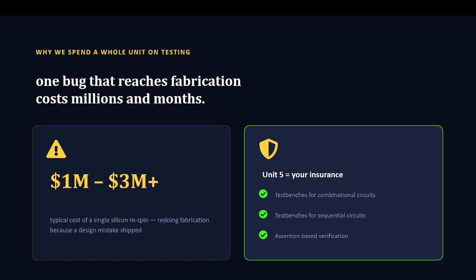It's like realizing your typo after the book already got printed, 1 million copies. You can't just fix a file, the damage is already physical. That's exactly why Unit 5 exists. Test benches, verification, all of it. It's not an afterthought tacked onto the end of the syllabus. It's your insurance policy before anything gets built for real.